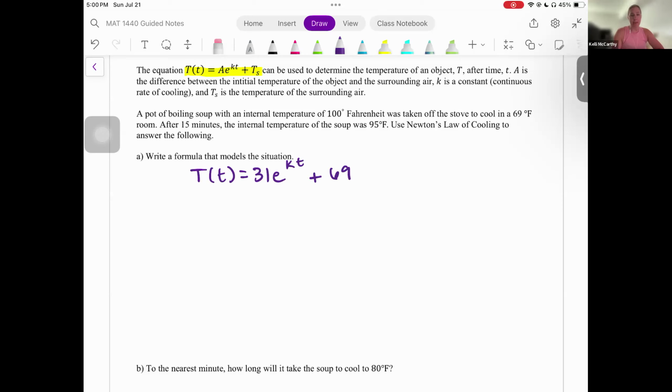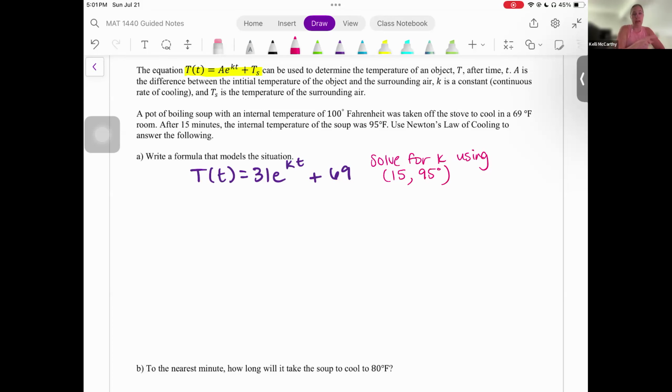Now to finish setting up this formula, we need to solve for k. We're going to solve for k using the fact that they told us that after 15 minutes, so when time was 15 minutes, the little t is 15 minutes, the temperature of the soup was 95 degrees.